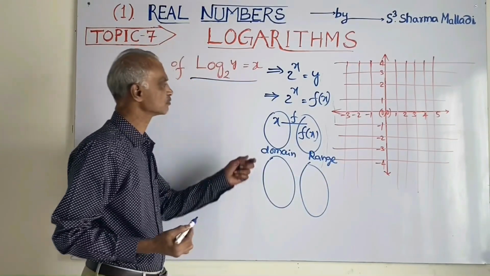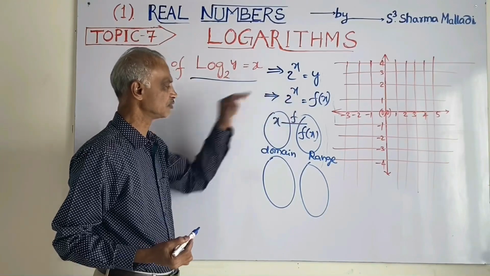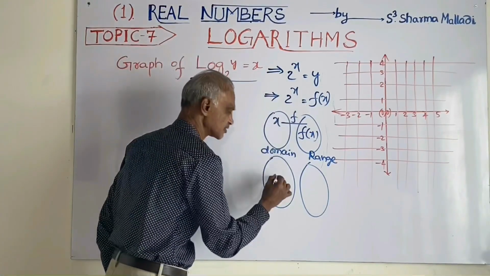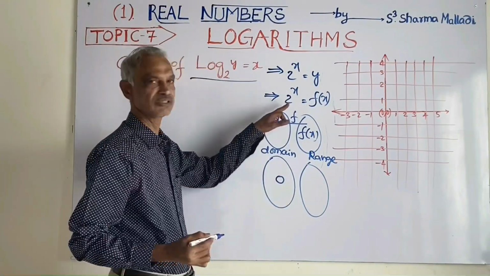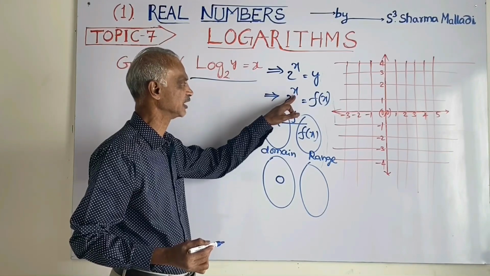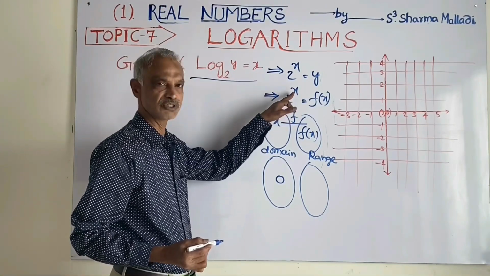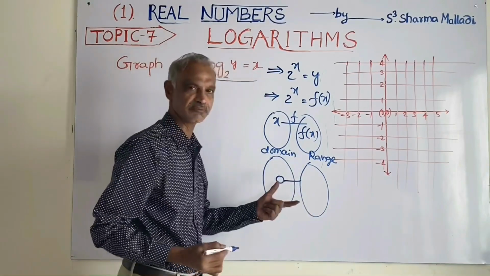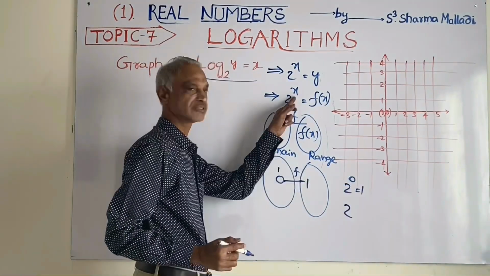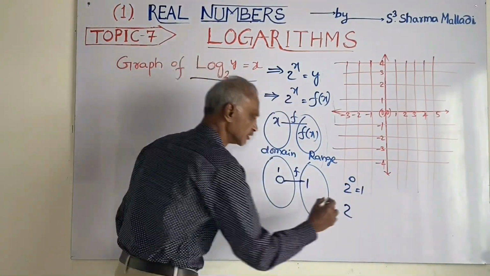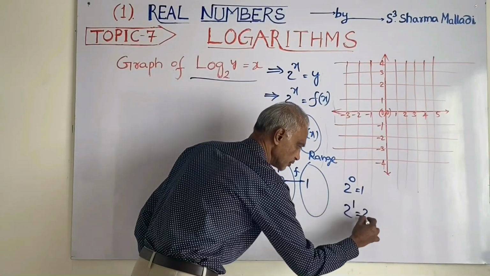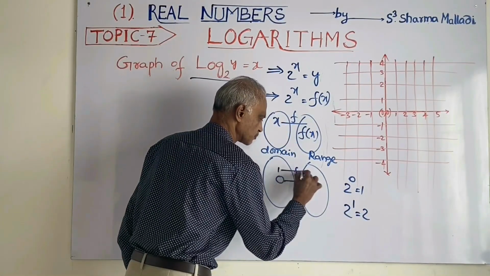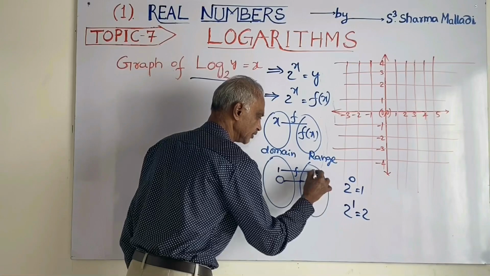Substitute the value of x, first x is equal to 0. 2 to the power of 0 is nothing but 1. Instead of x you substitute 1: 2 to the power of 1 is equal to 2.